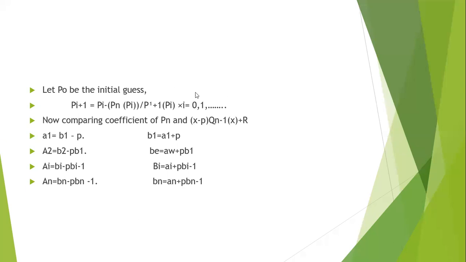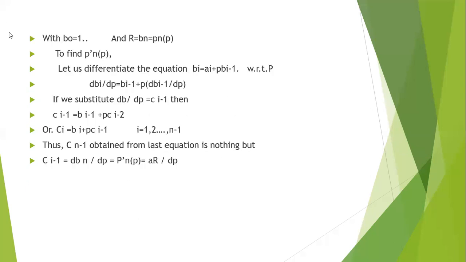This is how you find the values of a and b, where b0 is equal to 1 and r is equal to bn, which is equal to Pn(p).